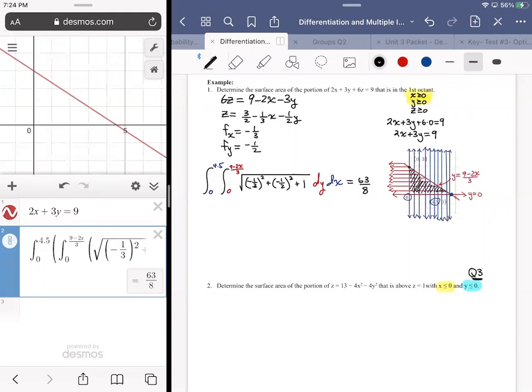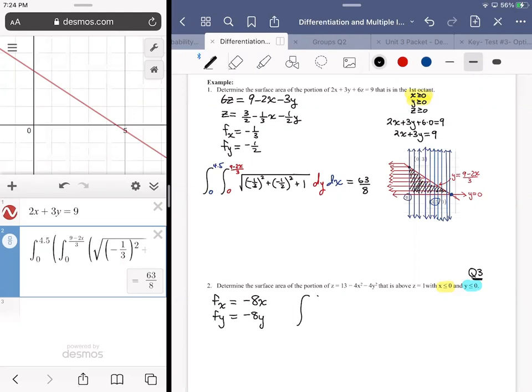All right. Fortunately, it's already solved for z in terms of x and y. So when I come up with my first order partials, ready to rock and roll, f sub x is negative 8x, f sub y is negative 8y. So I set up my integral here, but you don't want to go too crazy in the early going.